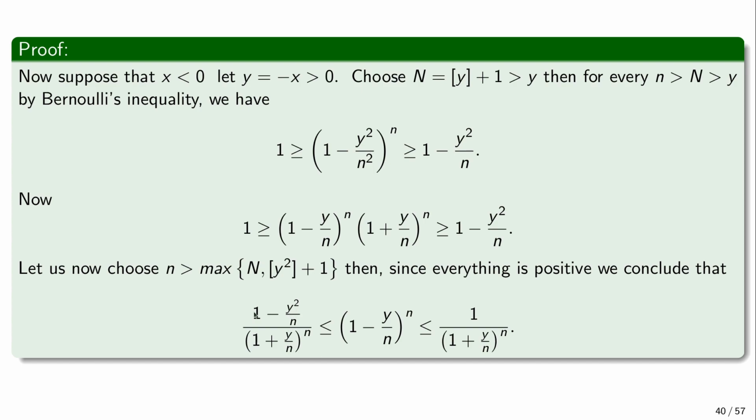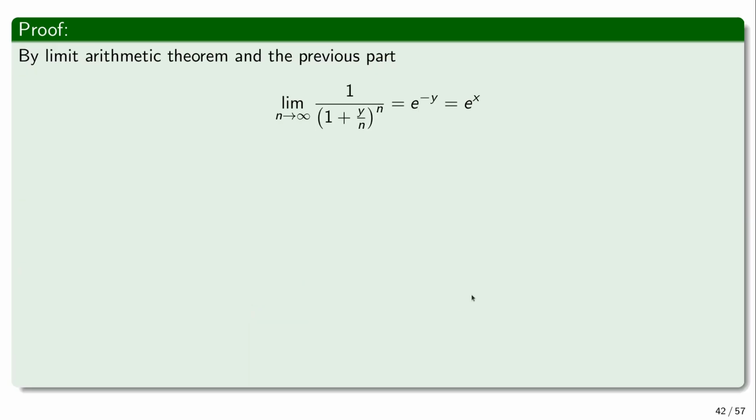And as n goes to infinity, this limit exists and equals 1. Therefore, applying the limit arithmetic theorem and the sandwich theorem, this limit exists and equals e to the power of y. And 1 over this is the definition of e to the power of minus y. And minus y equals x. So we actually proved that this limit equals e to the power of x, even for x that is negative.